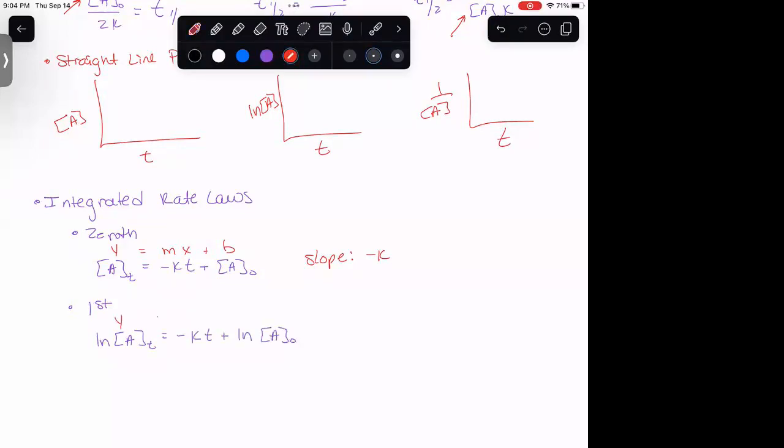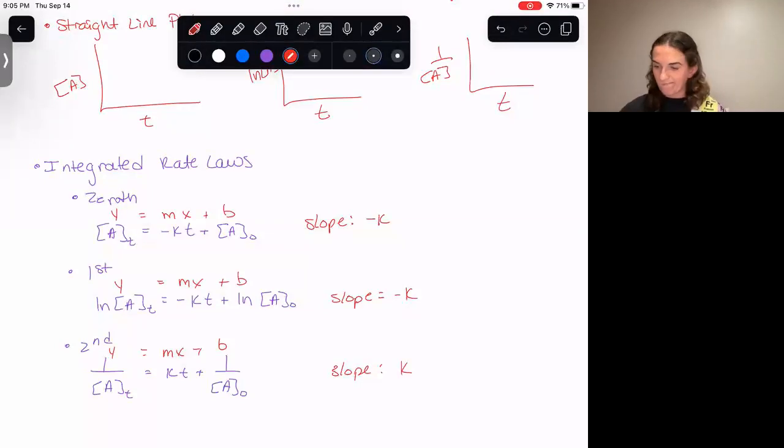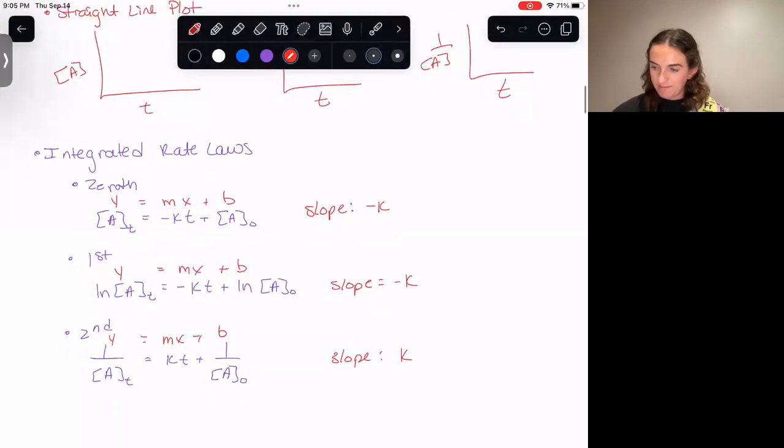And then finally, the second order integrated rate law is 1 over final concentration is equal to positive KT, not negative, plus 1 over the initial concentration. Awesome.